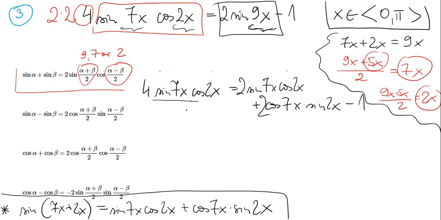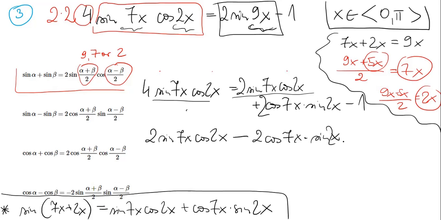So the most important thing is to use the formula right. This time let's leave the left side, as you can see there's no change, but we're going to substitute 9x as 7x plus 2x, and use the formula.